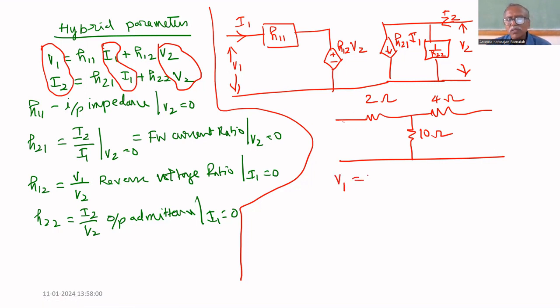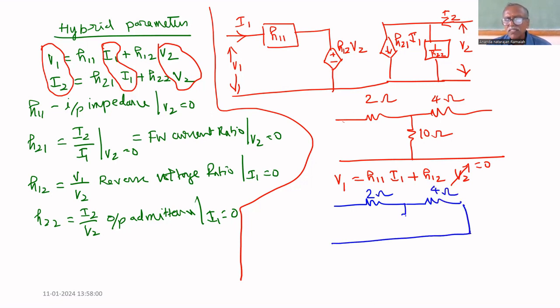V1 equal to H11 I1 plus H12 V2. If you assume V2 equal to 0, that means we have to short circuit the output.